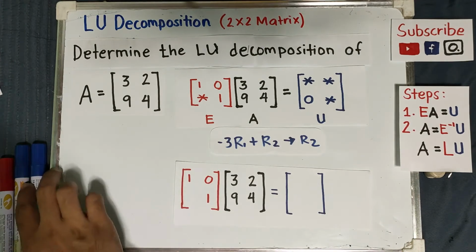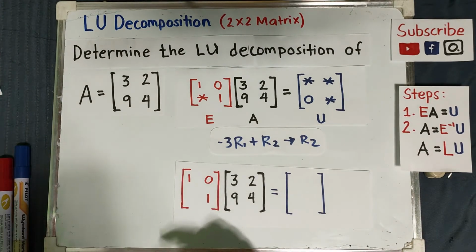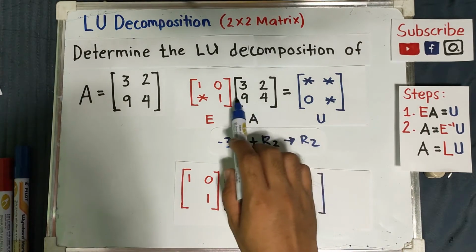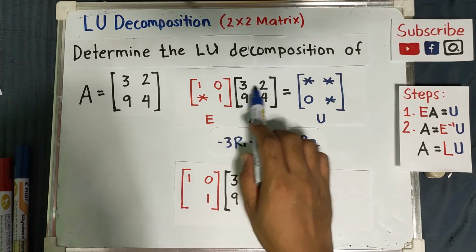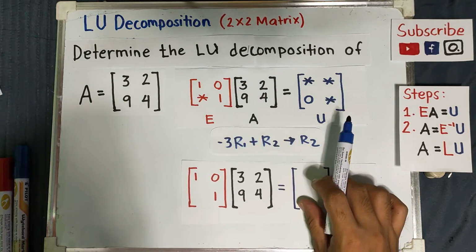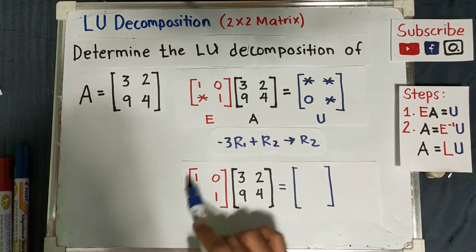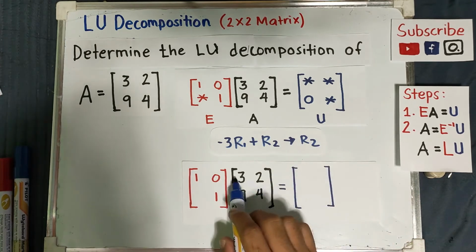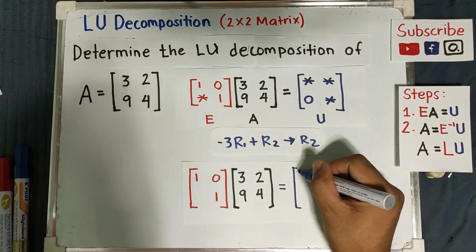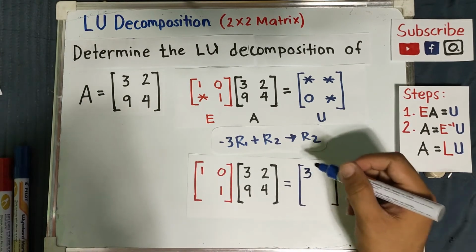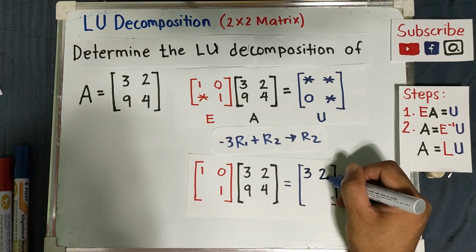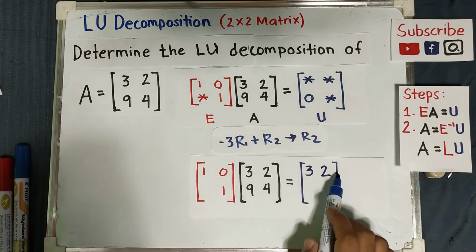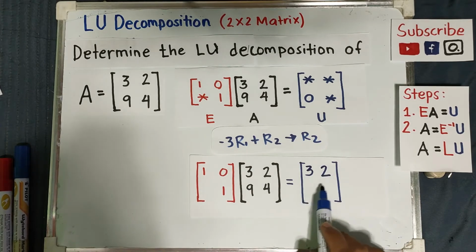Right? So let's solve. Since our goal is to change only the values in row 2, row 1 stays as is. So in our solutions below, let us just rewrite this row above: 3 and 2. Now, what will be the values here?